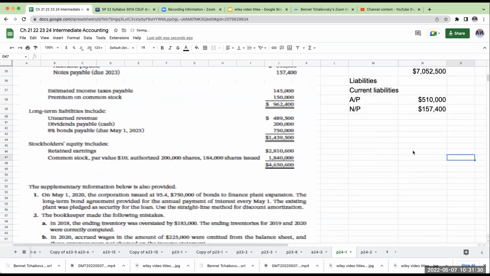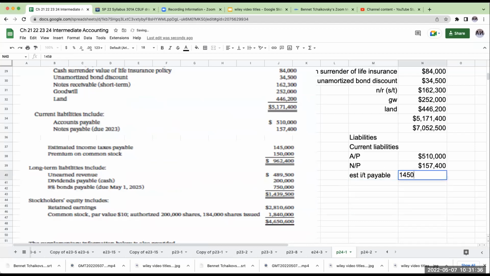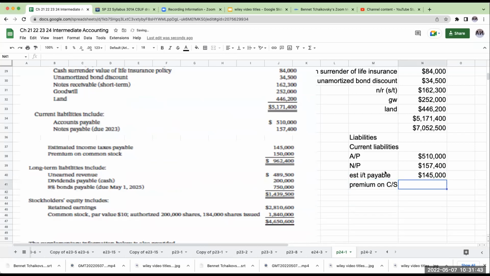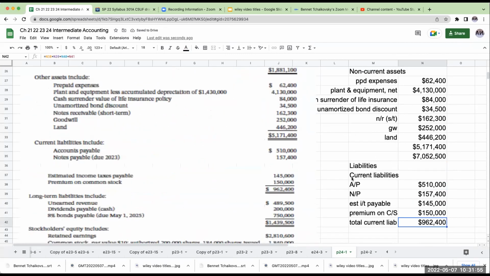Estimated income tax payable is 145. And then we have premium on common stock. I'm assuming this means additional paid-in capital, but we already know that's in the wrong place. So our total current liabilities is 962.4, which is what is shown up here.